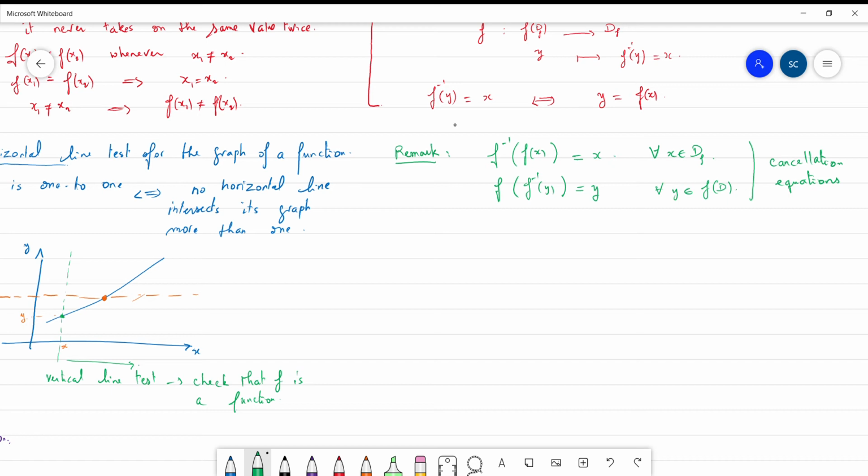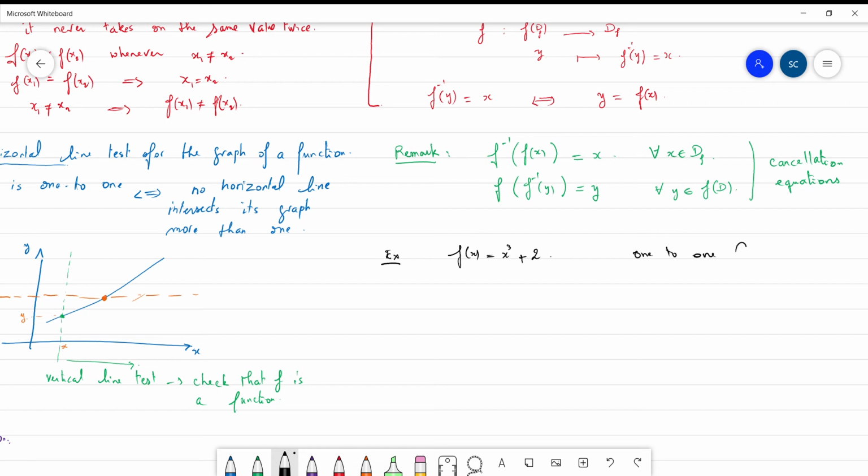Okay, an example. So let's do one example. Here is my function f of x equals x cubed plus 2. Is it 1 to 1?